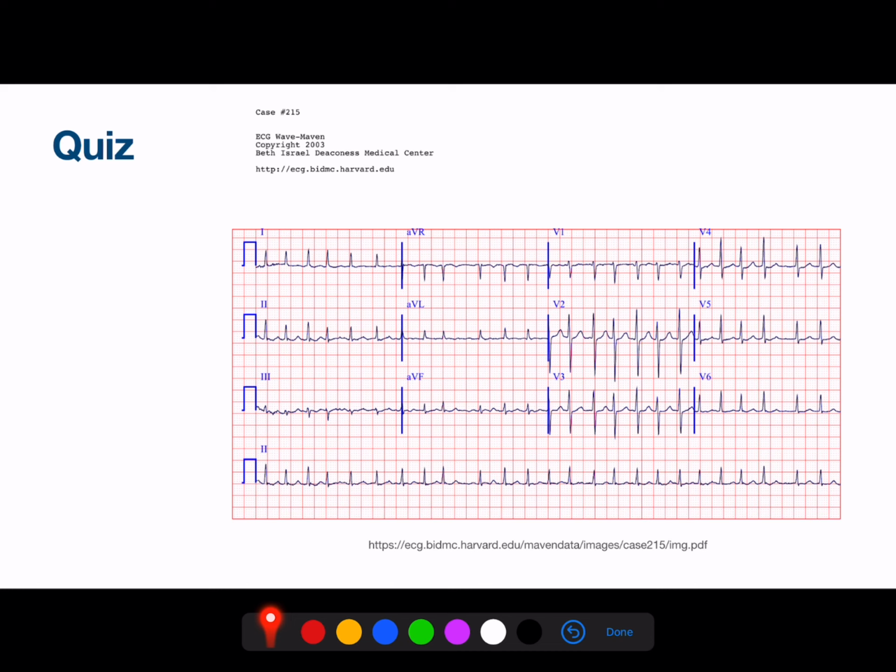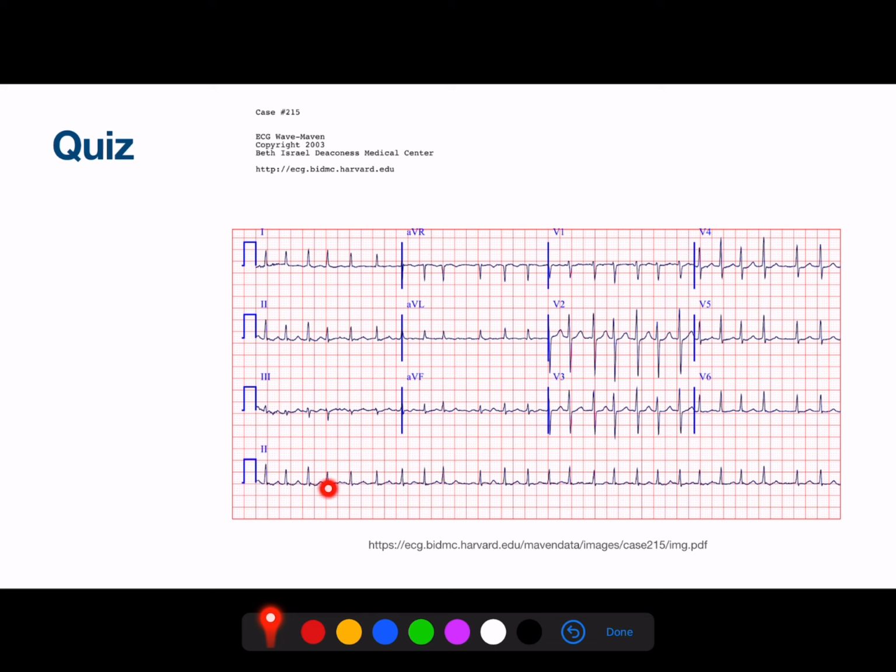So now this is a very important ECG, because this is probably one of the most common arrhythmias that you will encounter. Here we have to see, is there activity? Yes, of course, we see QRS complexes. And then we have to look at the RR interval.